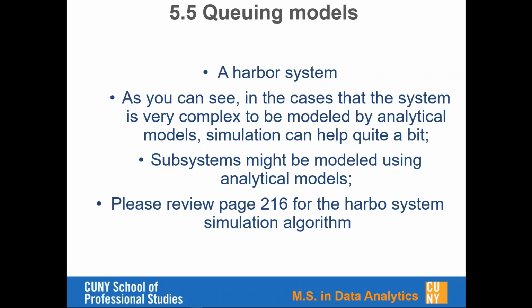It could also be the case that a subsystem might be modeled using analytical methods, but the overall complicated system is still using simulation. Some sub-components are analytical models. So review the example that I have in the textbook. In the week 5 material, I'm going to go through that rather quickly as well.